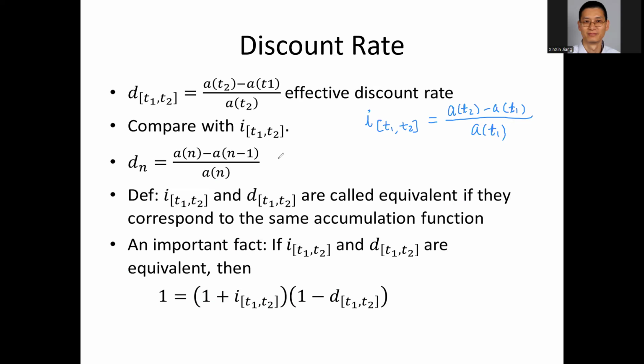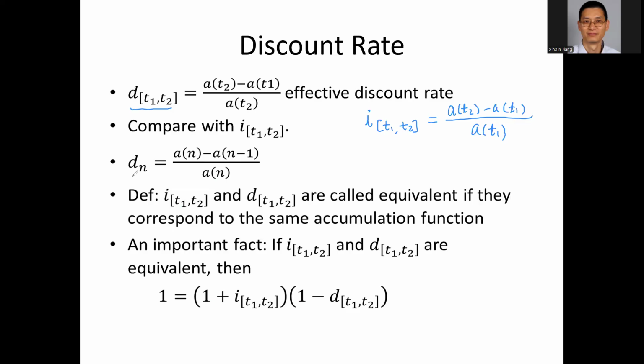Similarly, for periodic times, say 1, 2, 3, 4, with the same length, D sub n is defined by A of n minus A of n minus 1 divided by A of n.